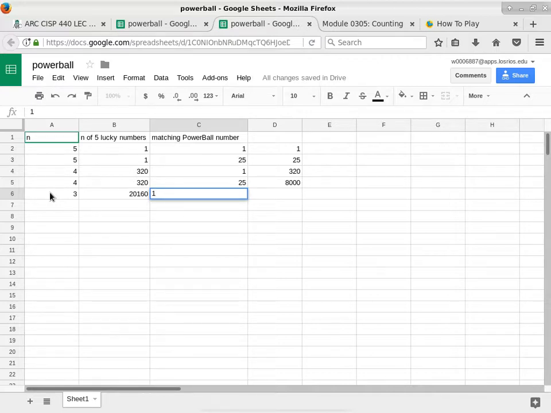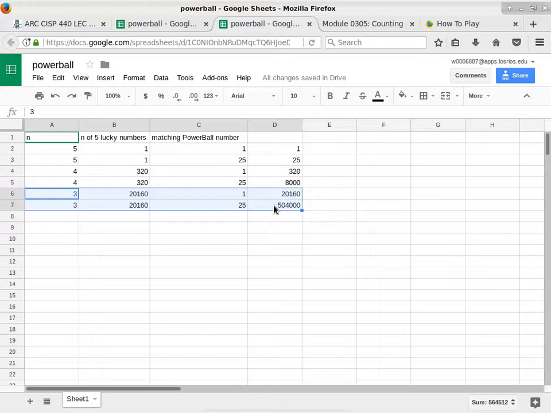So let's say we also want to match the Powerball number. And so now we get this many tickets. The next one is really about the same, except we do not want to match the Powerball number. There are 25 ways not to match the Powerball number. Is that okay?